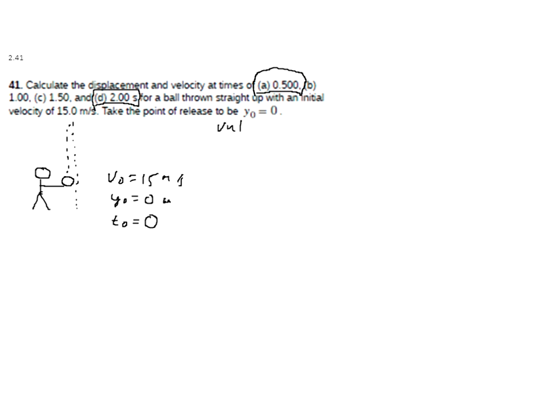So the unknowns that we want are velocity at 0.5 seconds, y at 0.5 seconds, and I'm just going to do the last one: velocity at 2 seconds and y at 2 seconds.